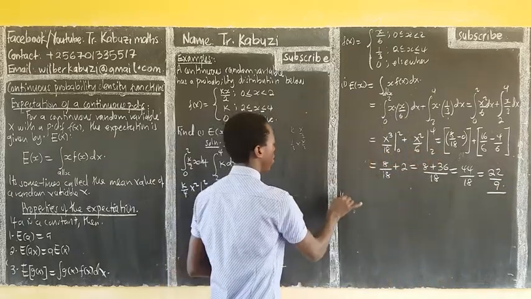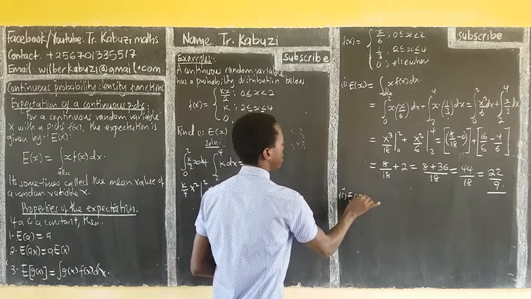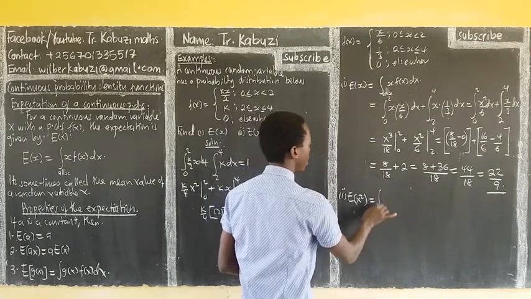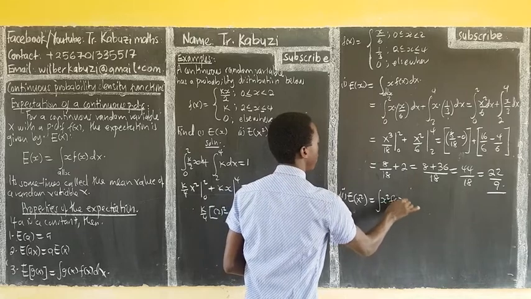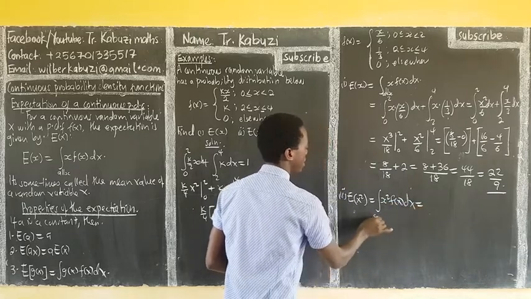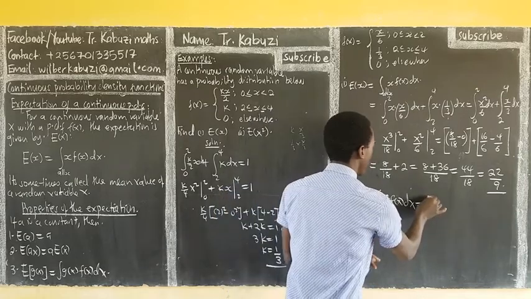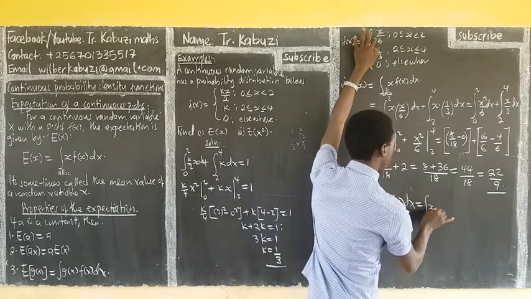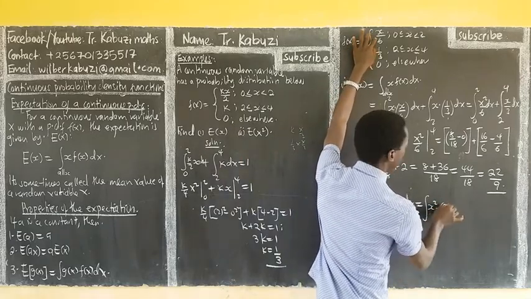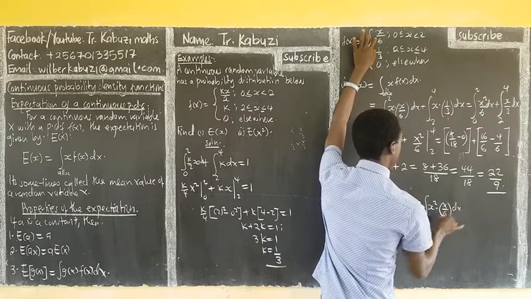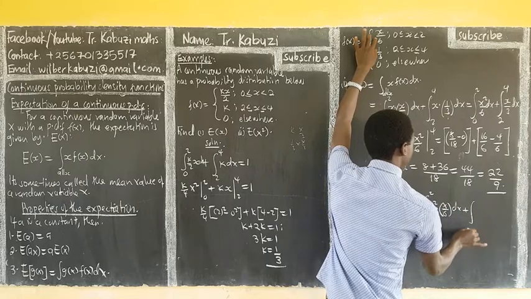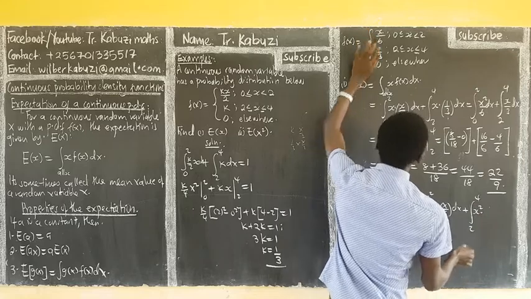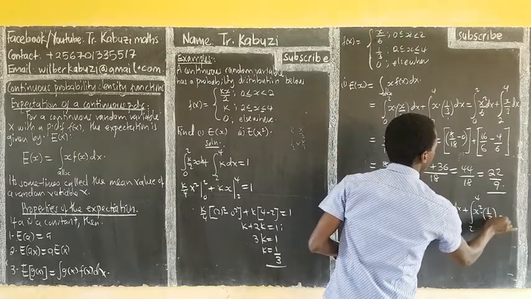Then number 2, when you turn to E of x squared, the same idea: you get x squared and multiply it with the PDF, so x squared times the PDF dx for all x. So I get x squared times the PDF, which is x over 6, dx from 0 to 2, then plus from 2 to 4, x squared times the PDF here, which is a third, dx.